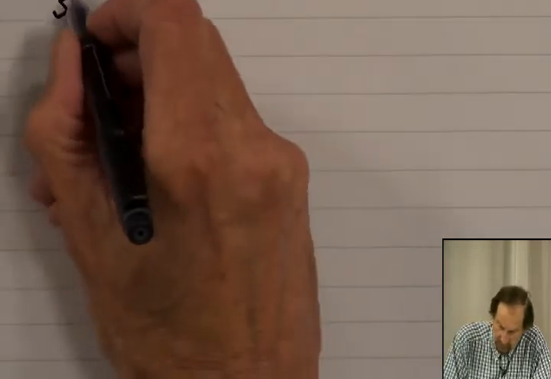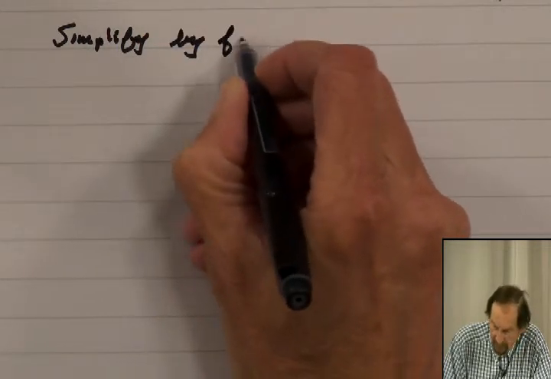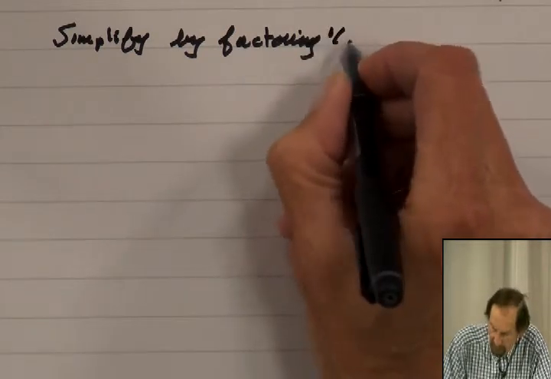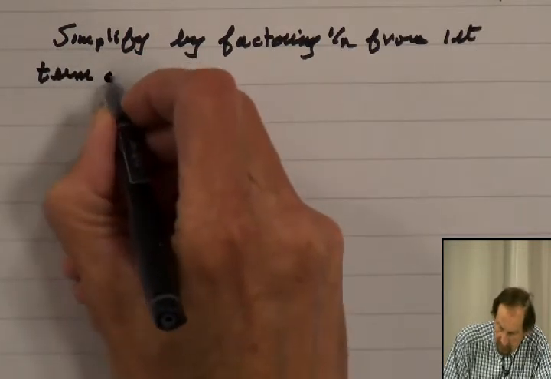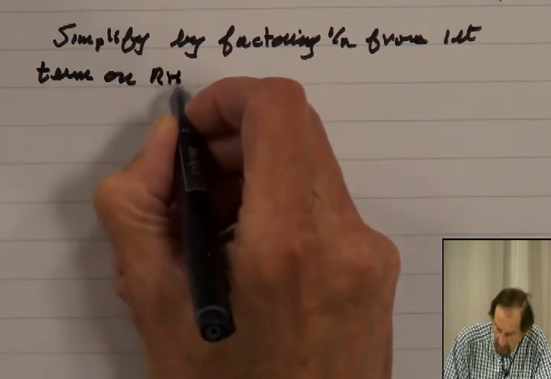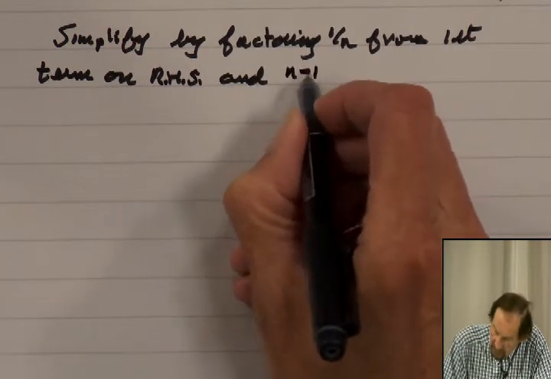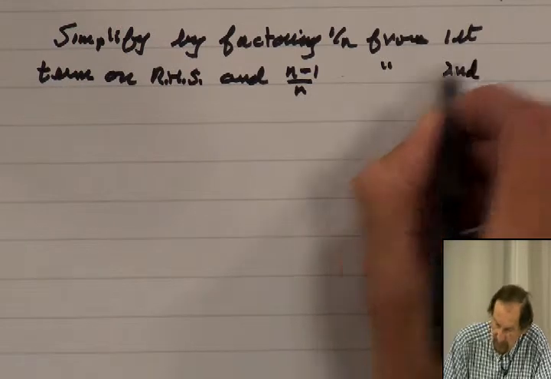Now, what do we want to do? We're going to do a trick here. We're going to simplify this by factoring 1 over n from the first term on the right-hand side, and n minus 1 over n from the second term.